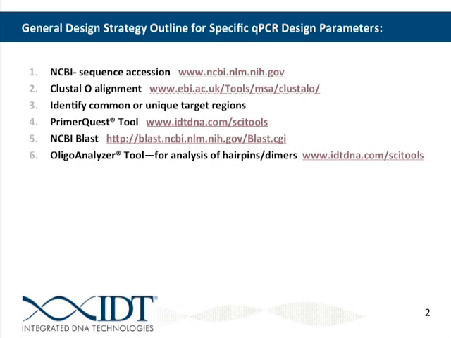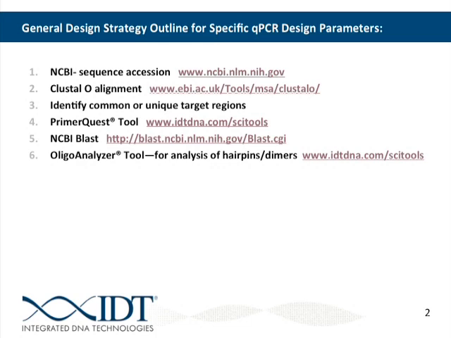And then using this alignment, you'll identify common or unique target regions and put these specific regions into PrimerQuest and get assays that are targeted to your either common or unique sites. And then check for specificity using BLAST and check for dimer and secondary structure using the OligoAnalyzer tool.